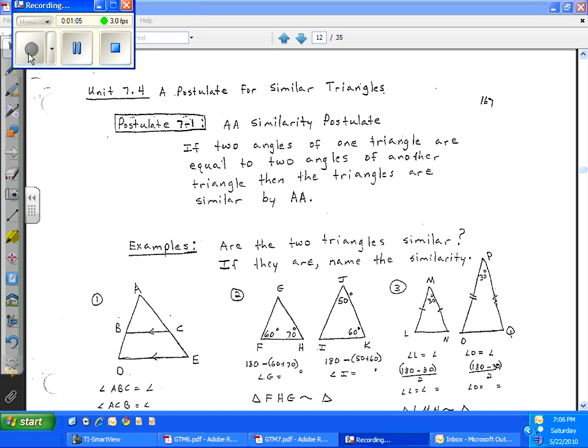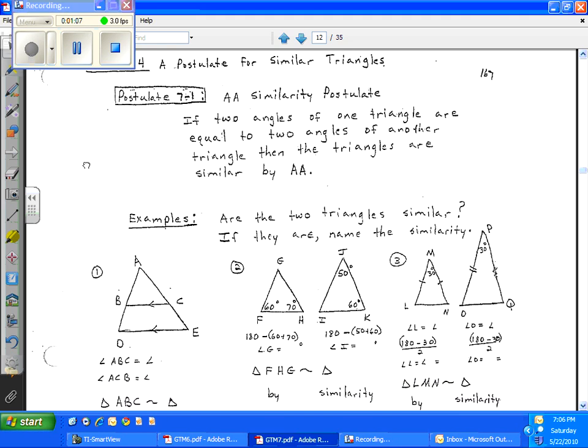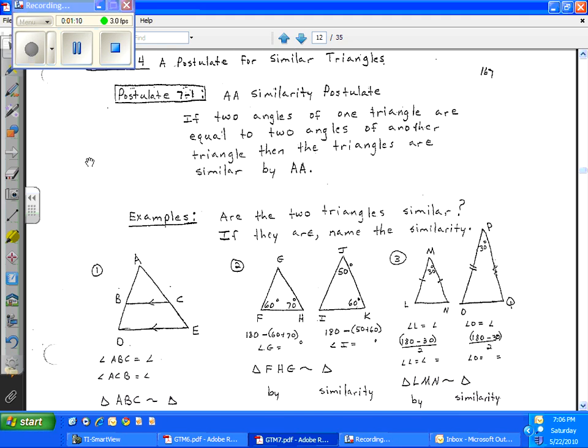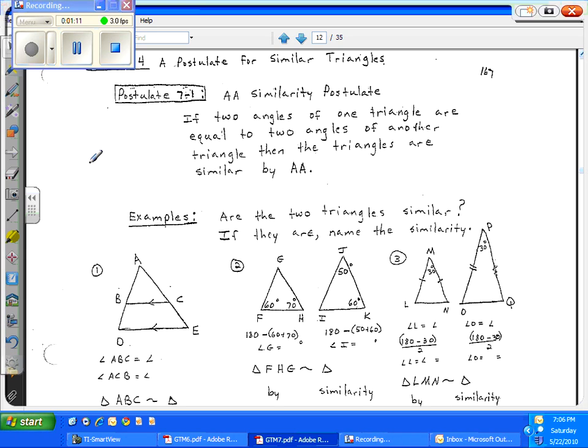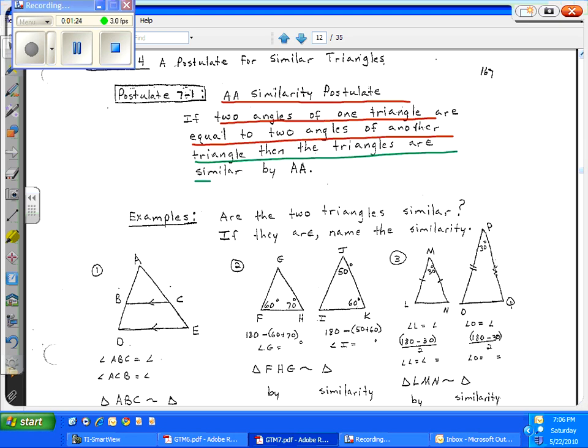But the first way to prove that two triangles are similar is the angle-angle similarity postulate. It says if two angles of one triangle are equal to two angles of another, then the triangles are similar by angle-angle.